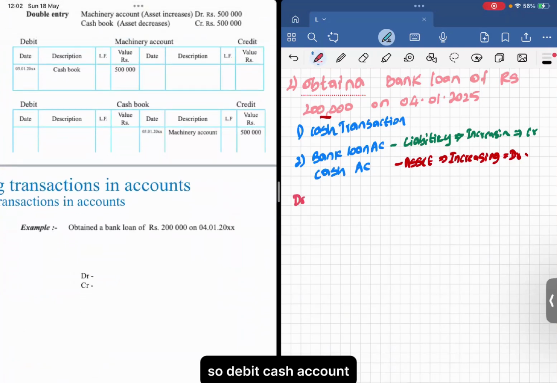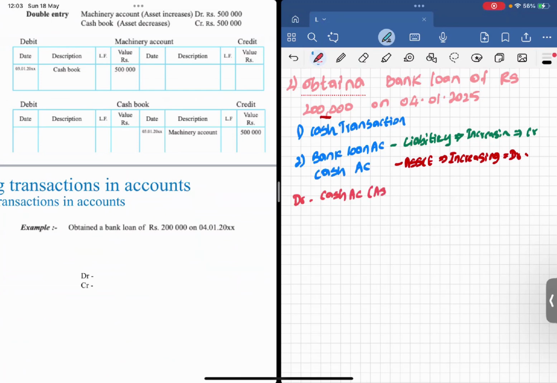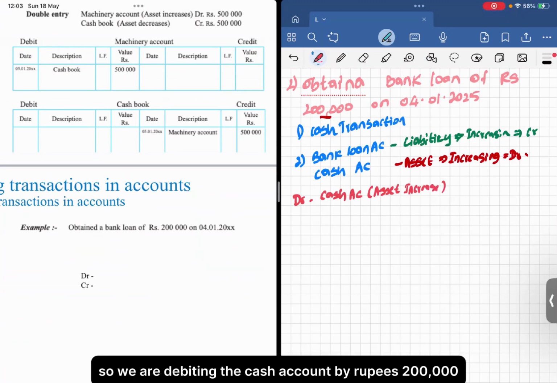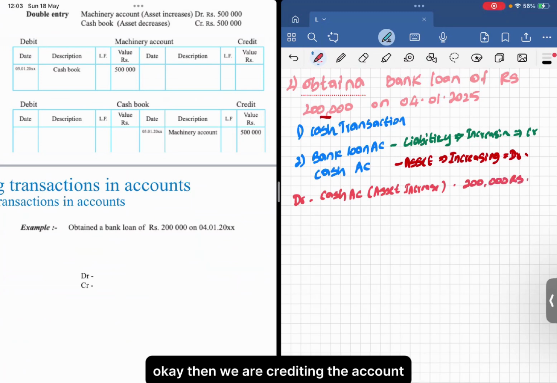So debit cash account. What has happened? Asset has increased. So we are debiting the cash account by rupees 200,000.